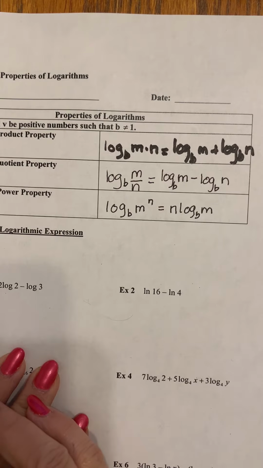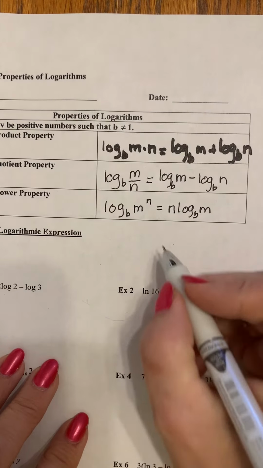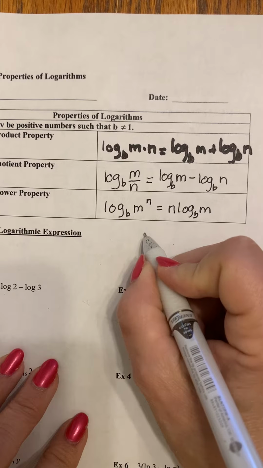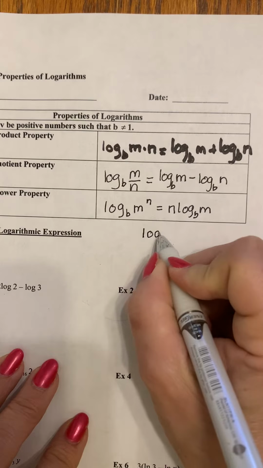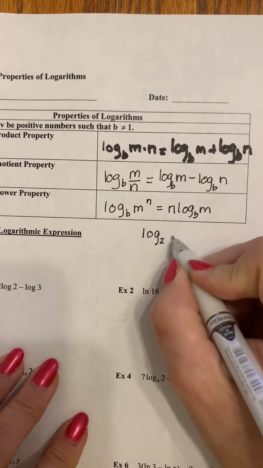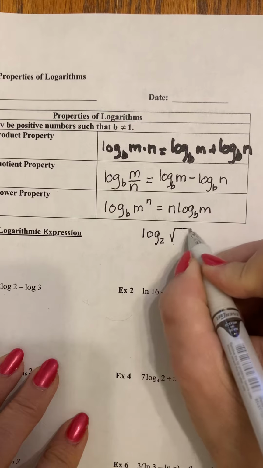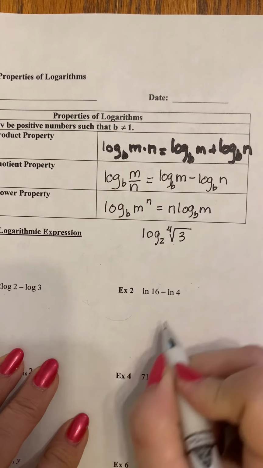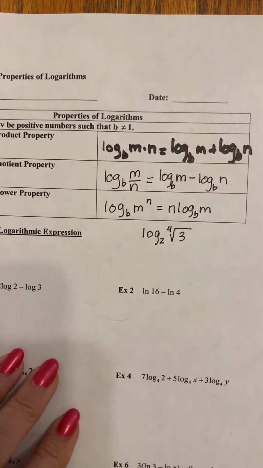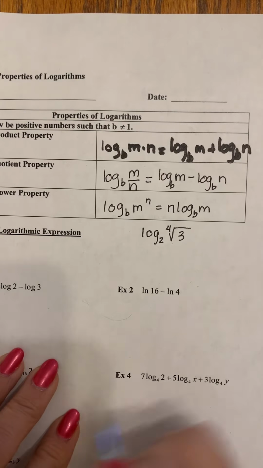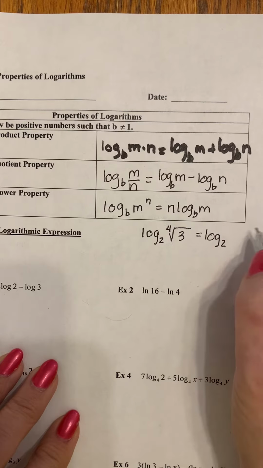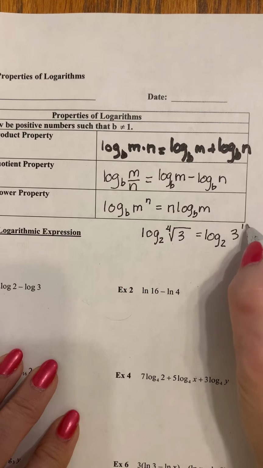Now what I wanted to show you, and I forgot to show you in the other problem, let's say we want to expand and we have a log base 2 of the fourth root of 3. So this would end up being the log base 2 of 3 to the 1/4.